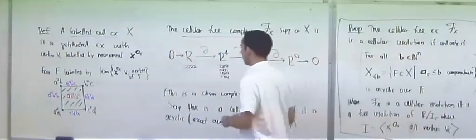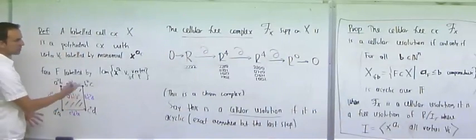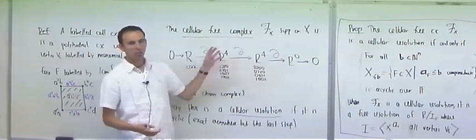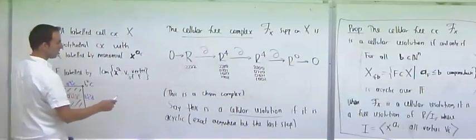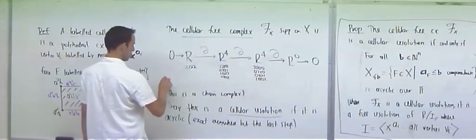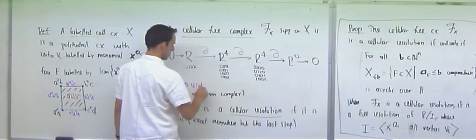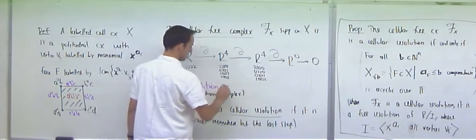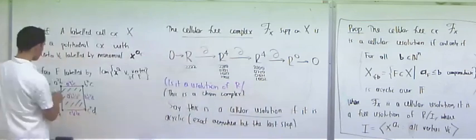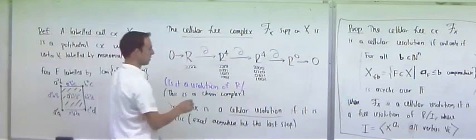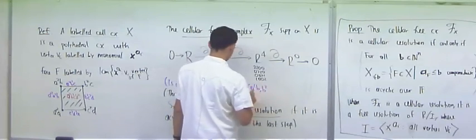Okay? So that means that I do this picture, I get some complex. If this complex is a resolution, then it has to be a resolution of R mod the vertex labels. And what's R in this case?